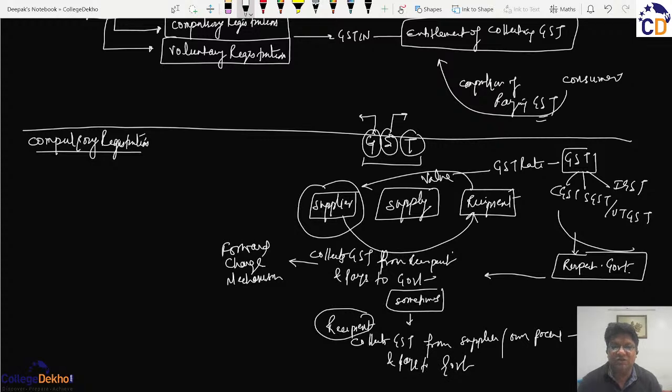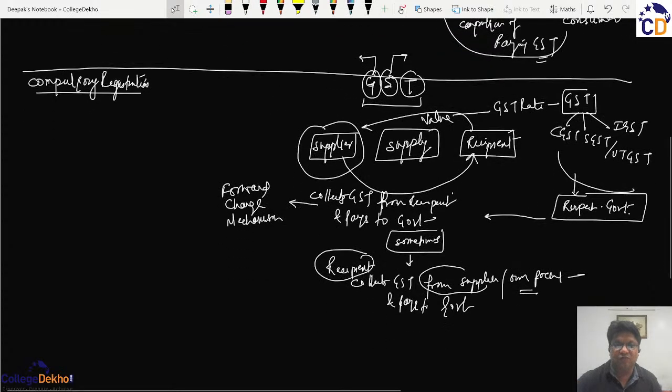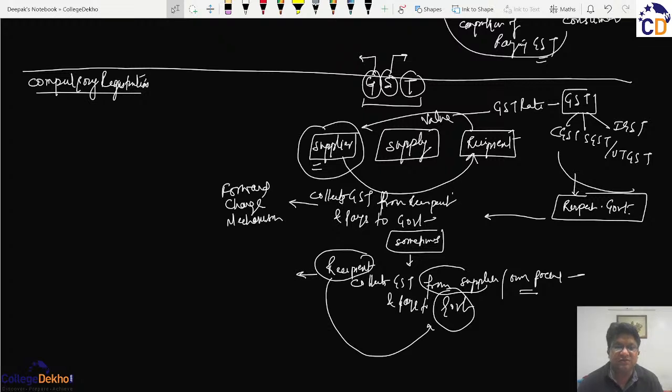Normally, it is not collected from the supplier, it is paid from his own pocket. But the crux is that not the supplier is paying the tax to the government, but the recipient is paying tax to the government, and that is a special case or a case-specific scenario, and that is what you call the reverse charge mechanism.